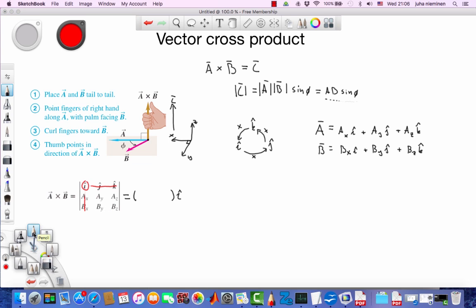Then we take the product as follows: ay times bz minus by times az. So those are the two diagonal products. That's the first part.